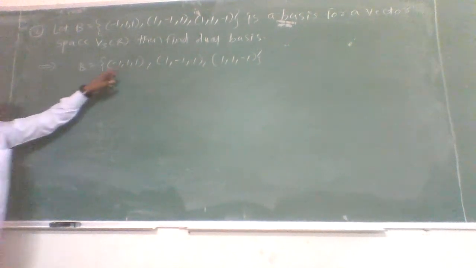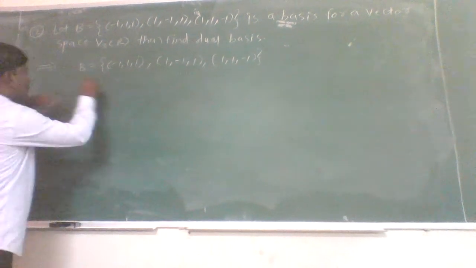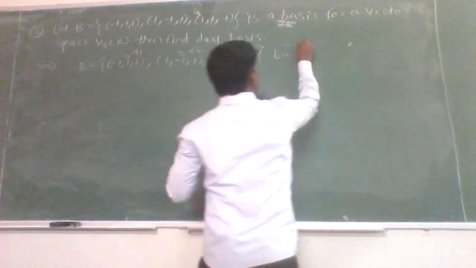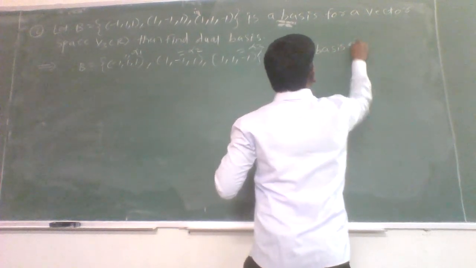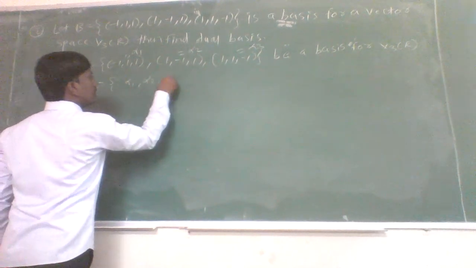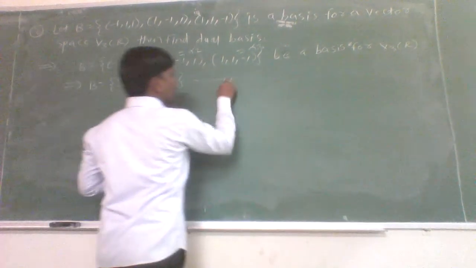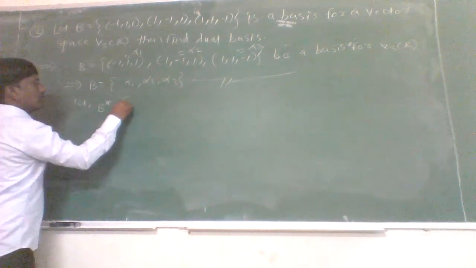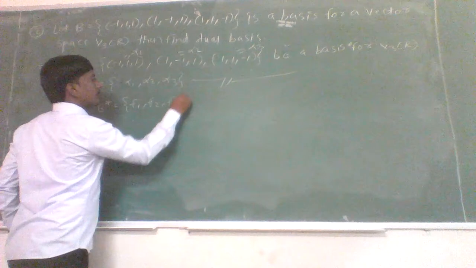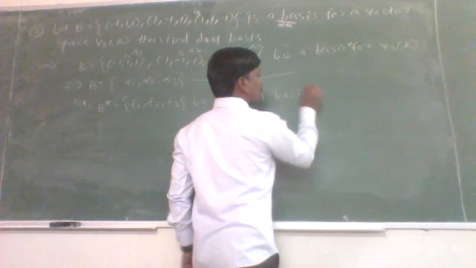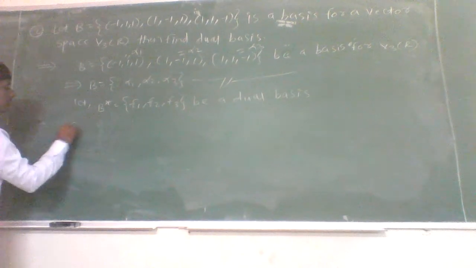Now, by definition of dual basis, take the first element as alpha 1, the second one as alpha 2, and the third one as alpha 3, which implies B equal to {alpha 1, alpha 2, alpha 3} is a basis for V3 over R. Now, by definition, let V star equal to {f1, f2, f3} be a dual basis, from the definition of a dual basis.